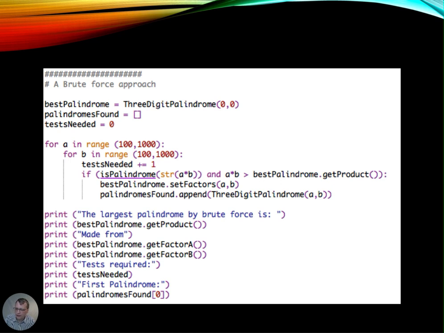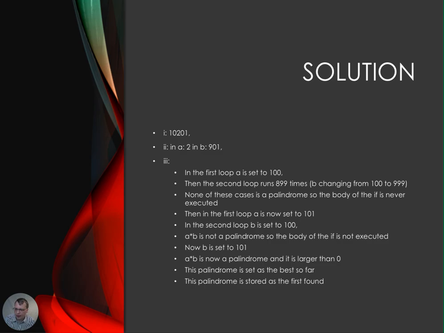The final part of this was to explain what the code was doing. So precisely what's happening here, the first loop's set to 100, so we're going through only the 3-digit numbers. And the second loop then runs 899 times, so between 100 and 999, to test all the 3-digit numbers.